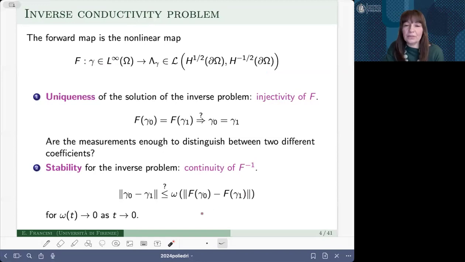And so what we would like to show is that we can bound in some norm the difference between two conductivities in terms of a function of the differences of the Dirichlet-Neumann maps associated to them. And what we will be interested in is to try to get a good continuity function omega.